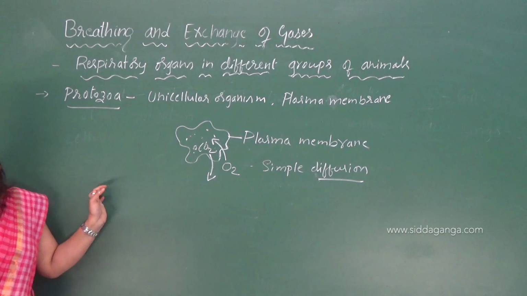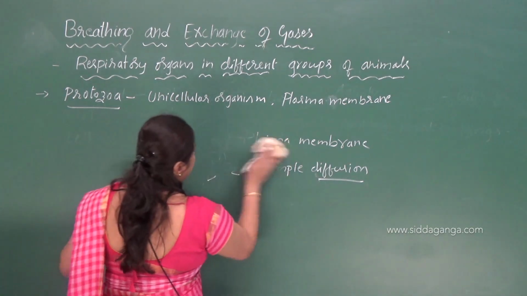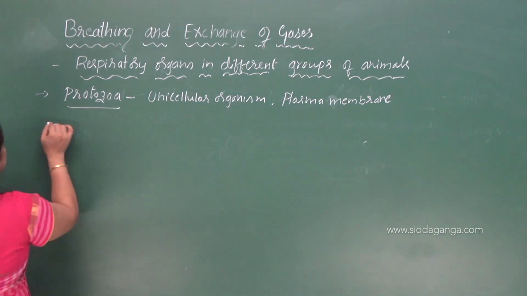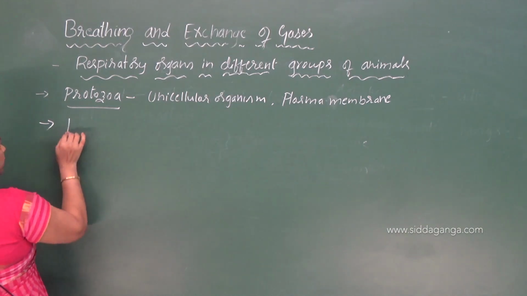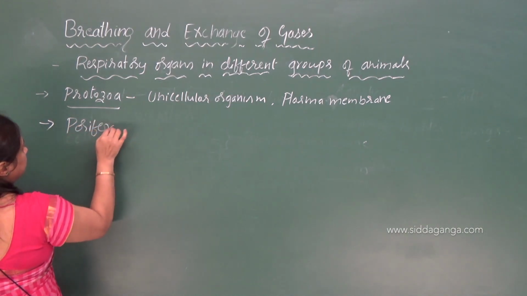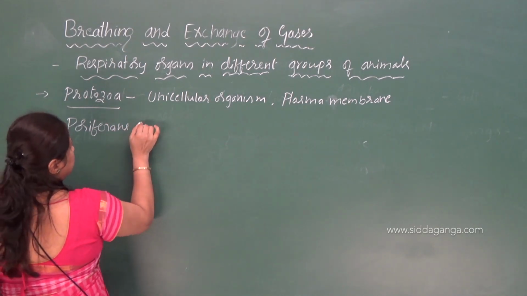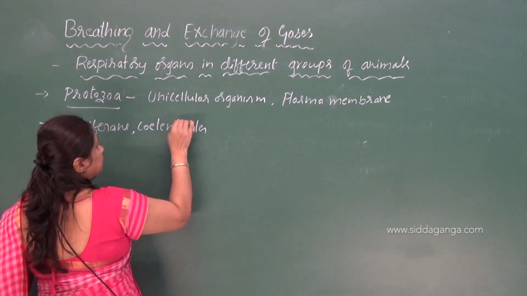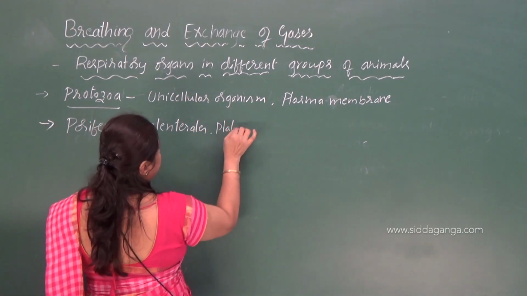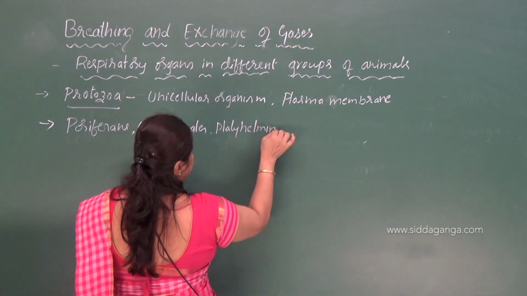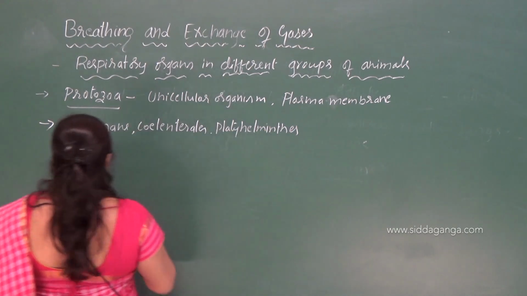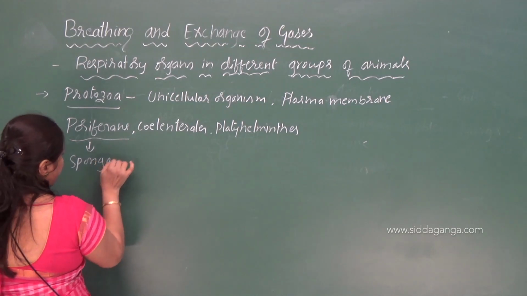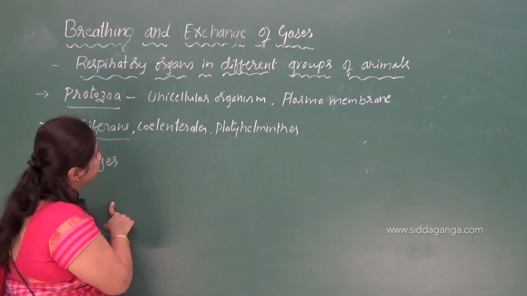Then next, the next phyla include poriferans, coelenterates and platyhelminthes. Okay, the poriferans include sponges, the pore-bearing animals.